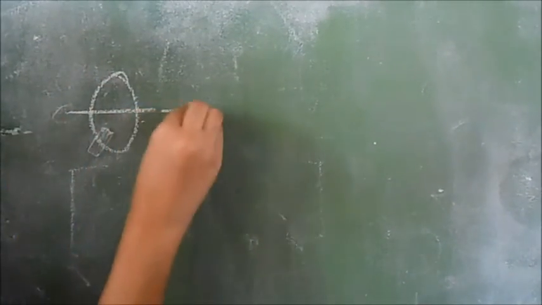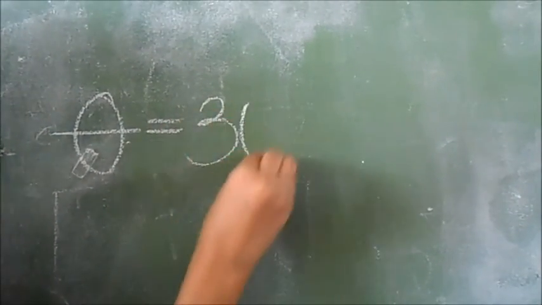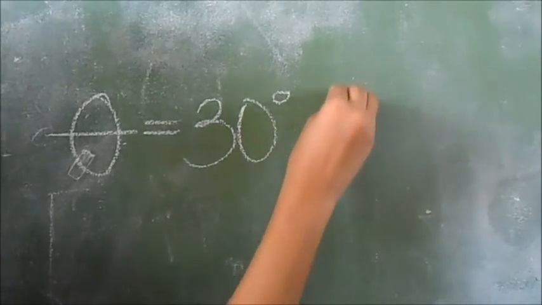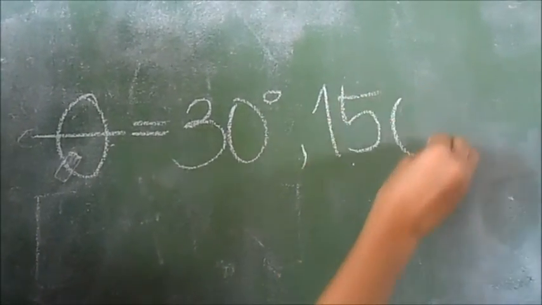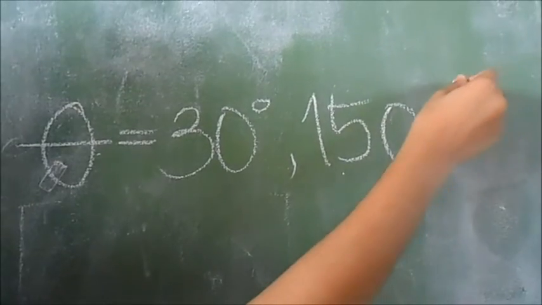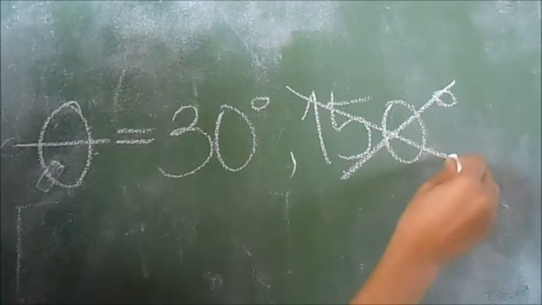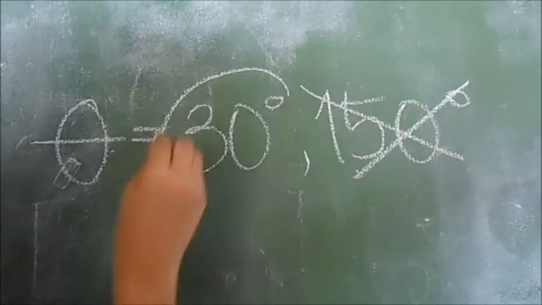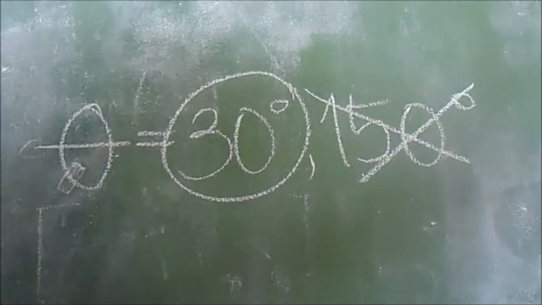Therefore, theta could be 30 degrees and 150 degrees. But it should be between 0 and 90 degrees, so we cross out 150 and our theta is really 30 degrees.